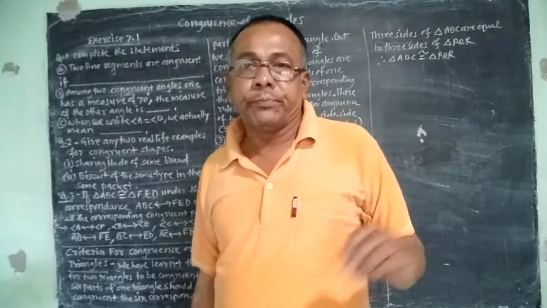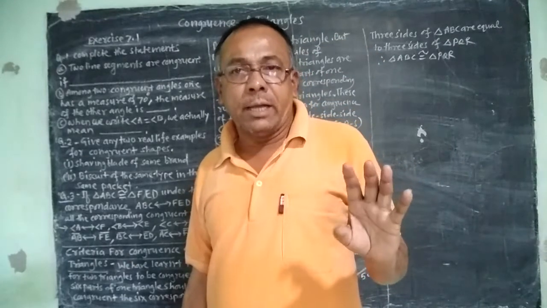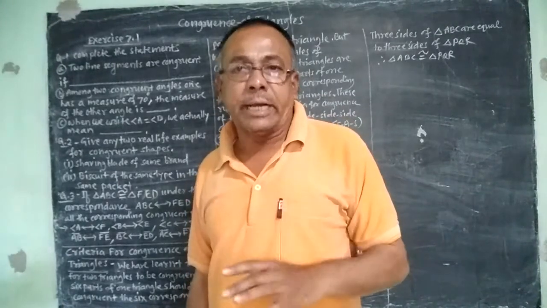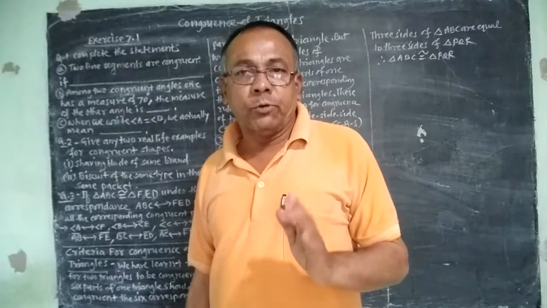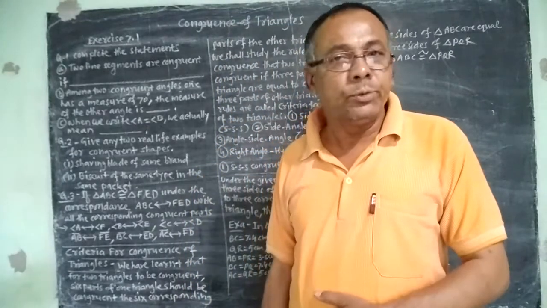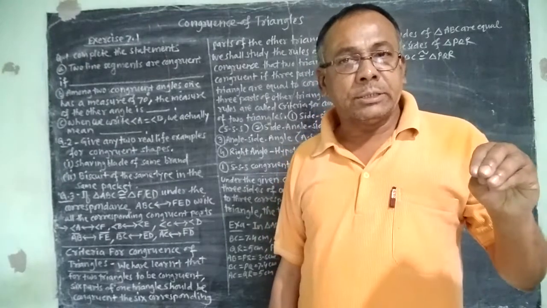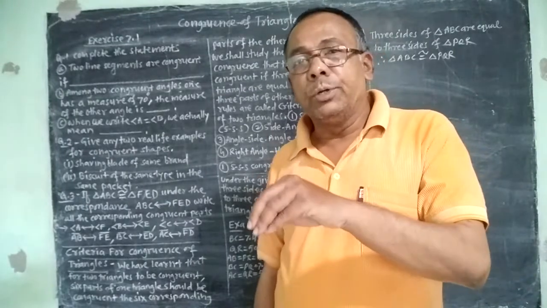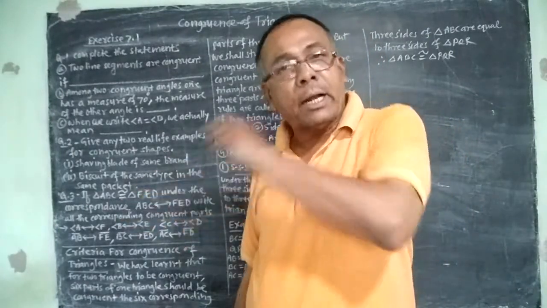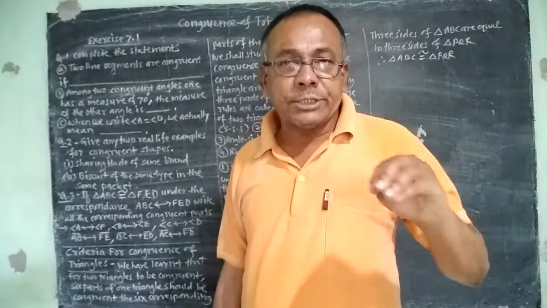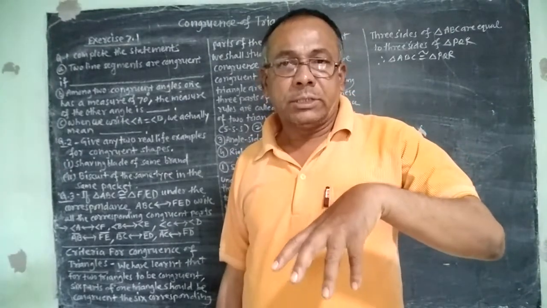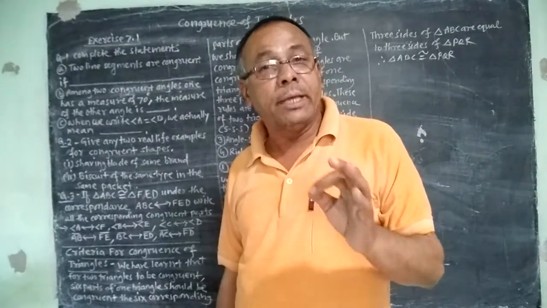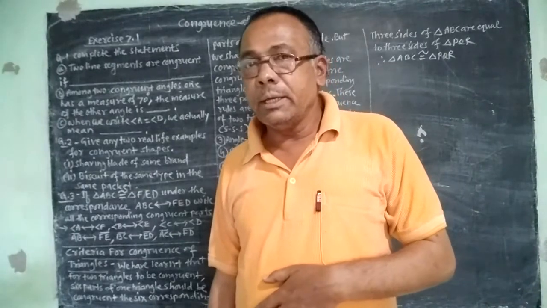We know that a triangle has 6 parts, 3 angles and 3 sides, and therefore for the congruency of two triangles, 3 angles of the first triangle must be equal to the corresponding 3 angles of the other triangle, as well as 3 sides of the first triangle must be equal to the corresponding 3 sides of the other triangle, and then they will be congruent to each other.